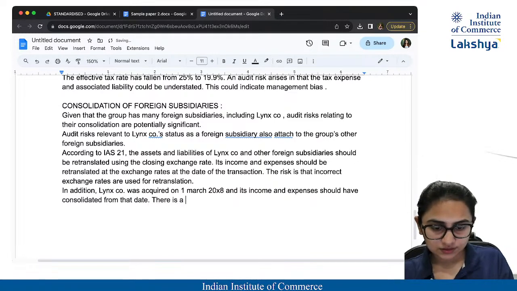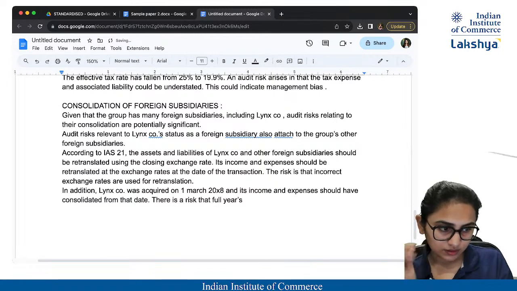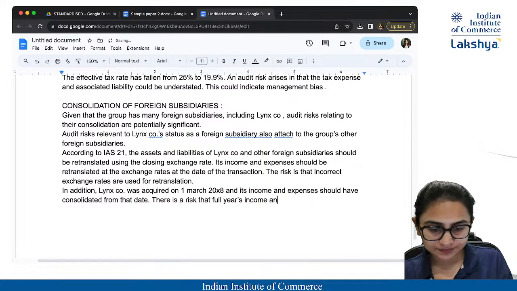There is a risk that a full year's income and expenses have been consolidated.